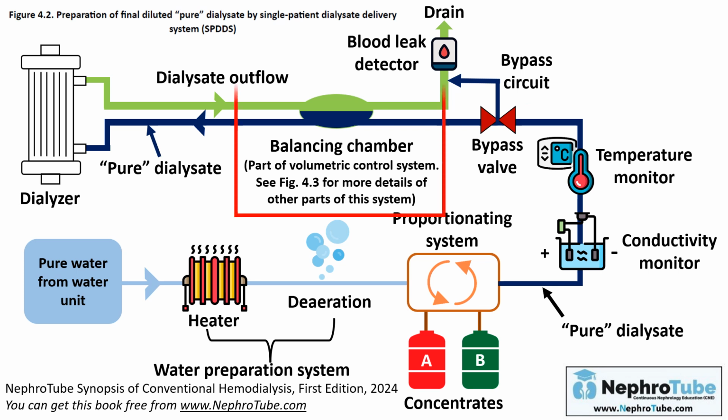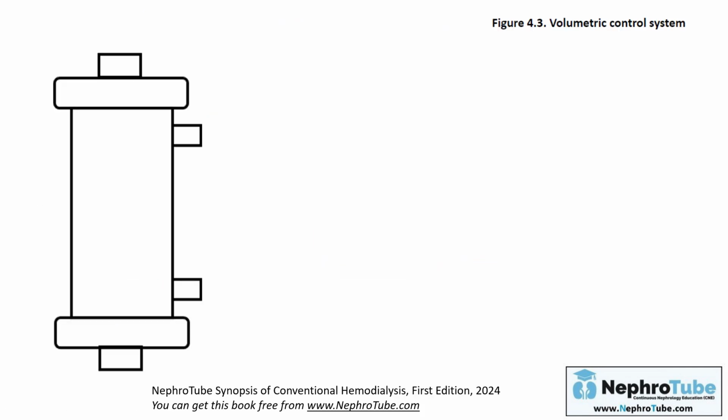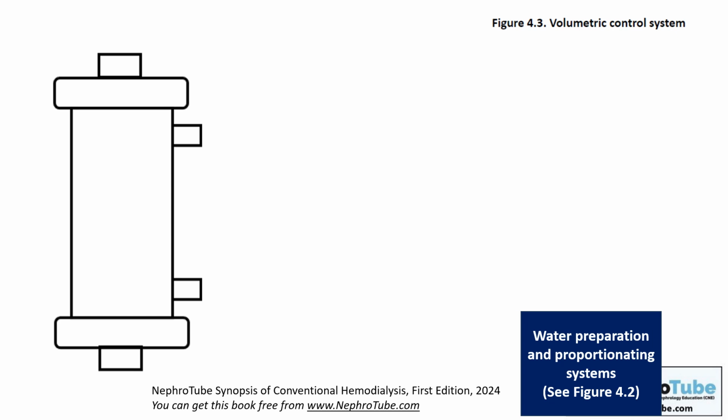Now, let's talk about the volumetric control system, where the balancing chamber is part of it. This is our dialyzer, and this is the first two components of the single patient system, which are the water preparation by heating and deaeration and the portionating system.